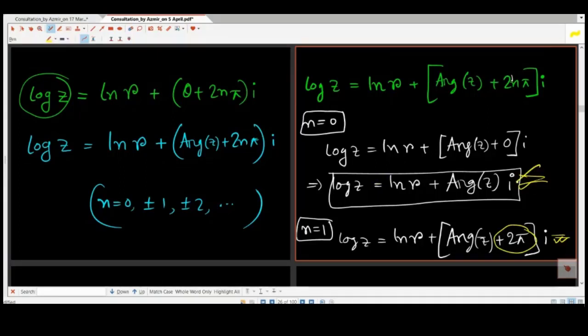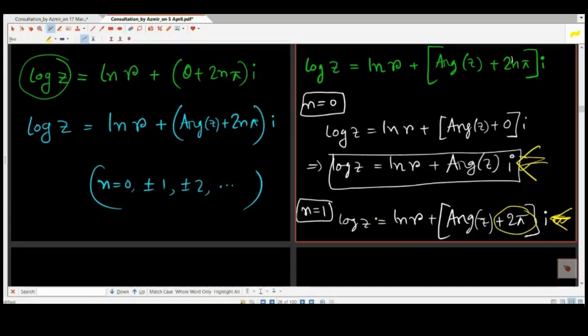But this and this are separately single valued functions. So remember, whenever we are plugging in n equals 0, this log becomes the principal log. So the principal value of complex logarithm will be evaluated if we plug in n equals 0, because at that time this part vanishes.